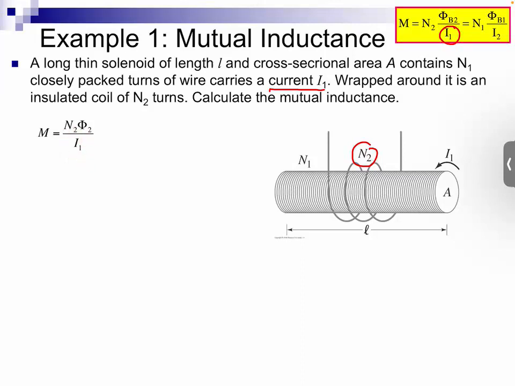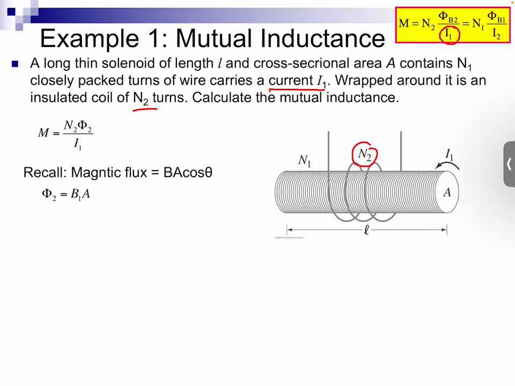It's now a matter of finding the magnetic flux through coil 2. I1 is given, N2 is also given, so we need the magnetic flux through coil 2 in order to find the mutual inductance.